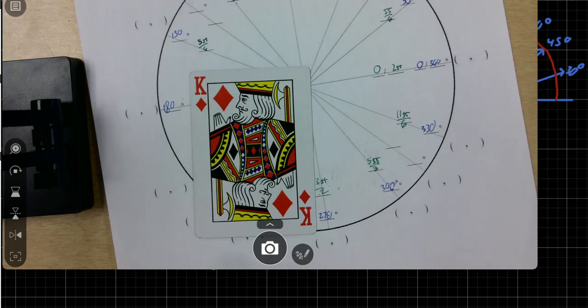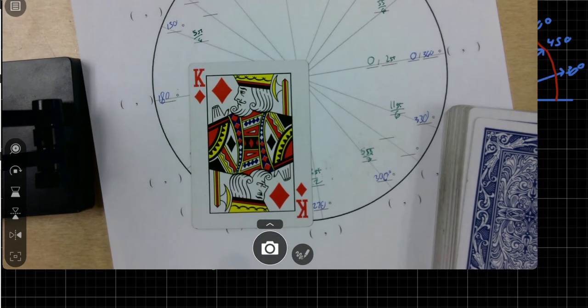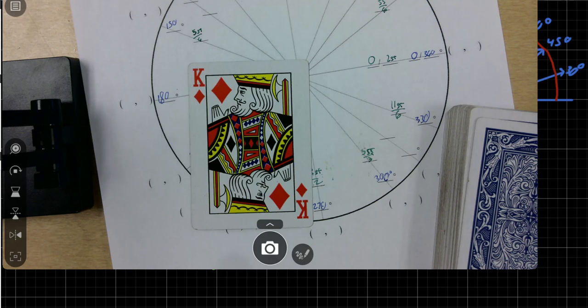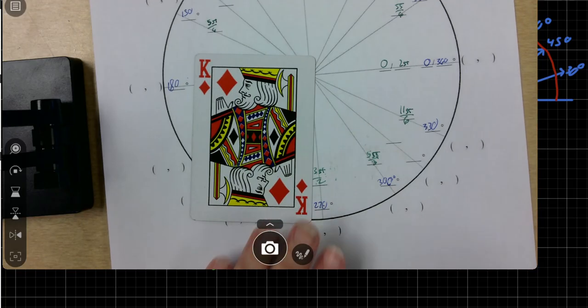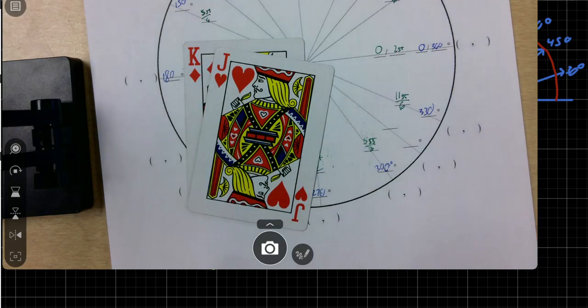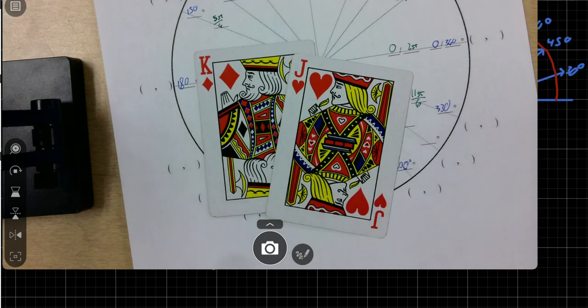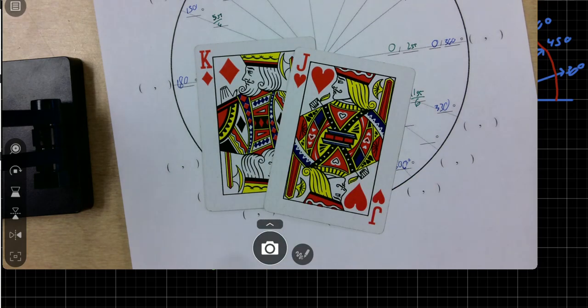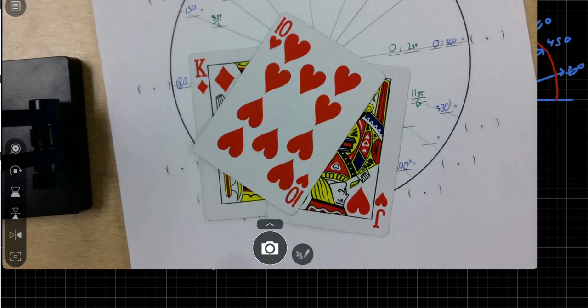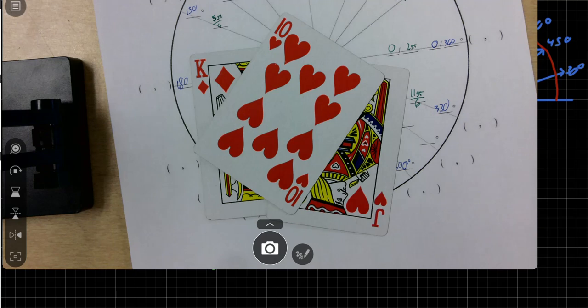Okay, this one should be easy. Higher or lower? Okay, ready? Lower. Okay, inbound or outbound? So in between these two or outside of these two? Inbound. So a queen or anything else. Okay, ready? 10. So you guys lost. Because it has to be in between.